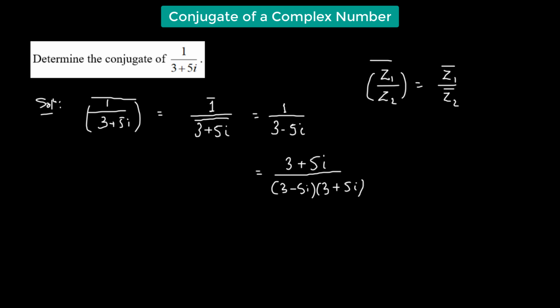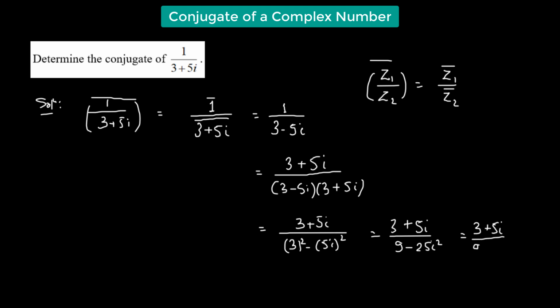So that gives us 3 plus 5i divided by 3 squared minus 5i squared, which is equal to 3 plus 5i divided by 9 minus 25i squared, which is equal to 3 plus 5i over 9 plus 25, because i squared is negative 1.